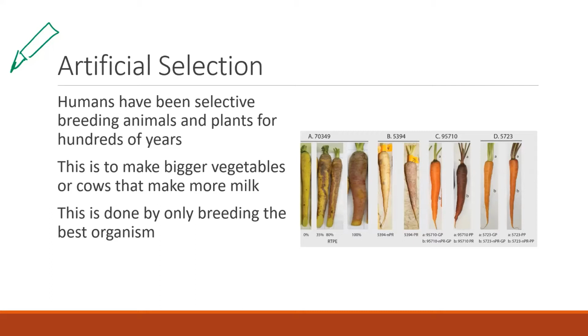And that's why I showed you that long sequence about how out of all of those carrots, you can pick the one we liked the most. Let's take that tasty carrot. Let's take that orange carrot. Let's take that big carrot. We're going to replant that into the ground. And that's how you can modify things by artificial selection. Artificial, by the way, means human selection.